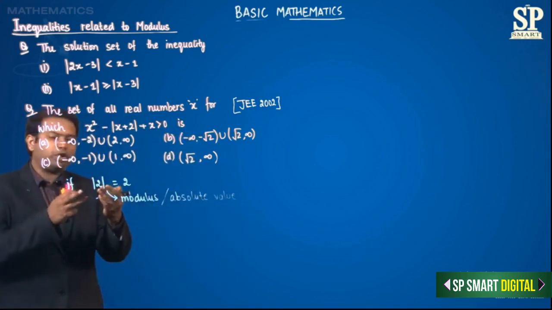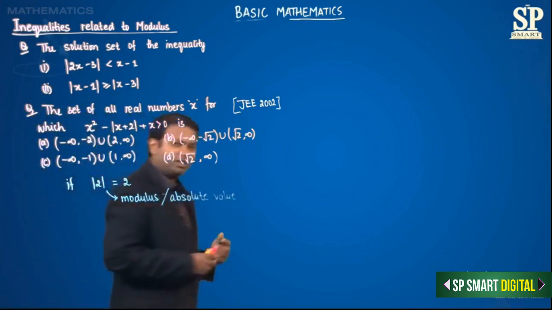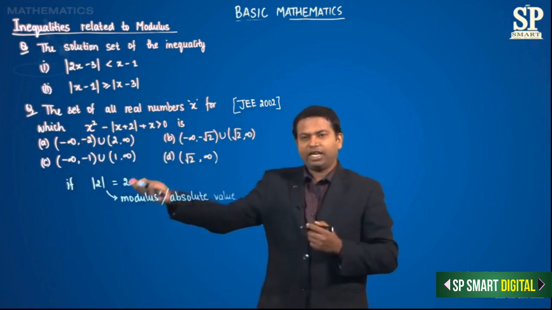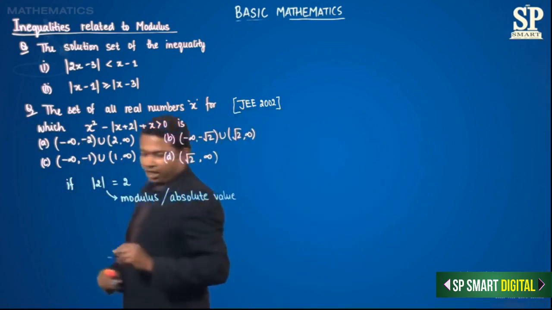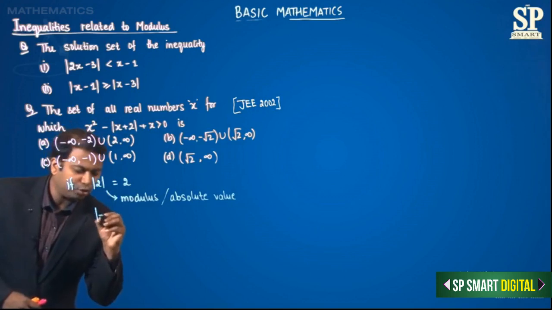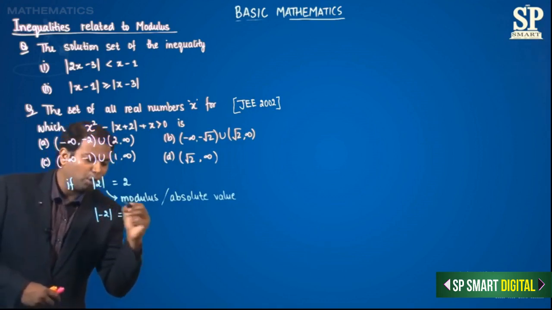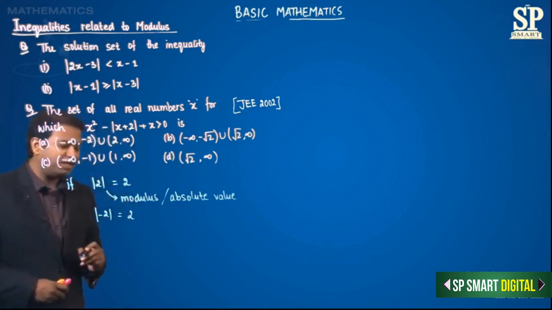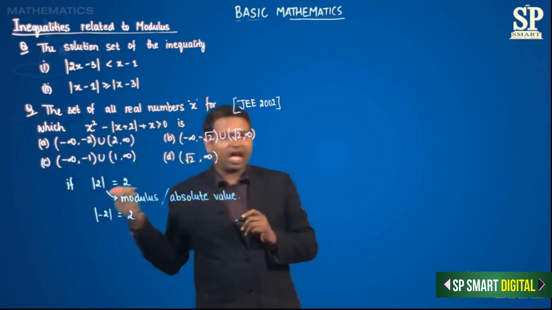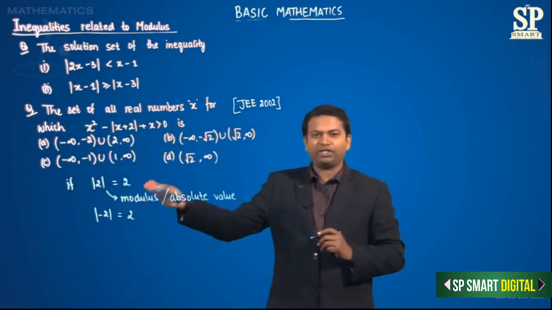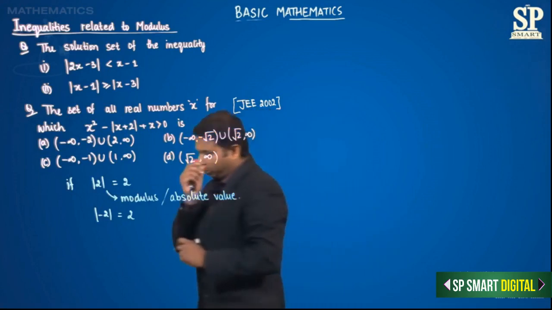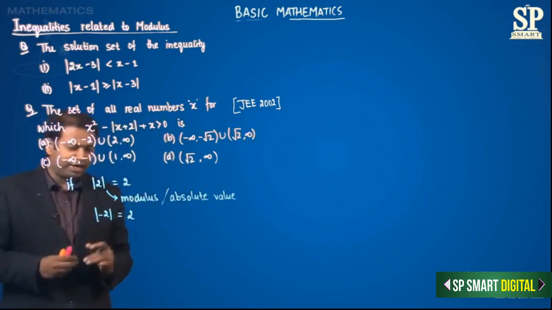Now if a number is positive and we take its modulus, it remains the same. But if we have a number, let us say -2, its modulus gives us the answer 2. That is, the absolute value of -2 is equal to 2.